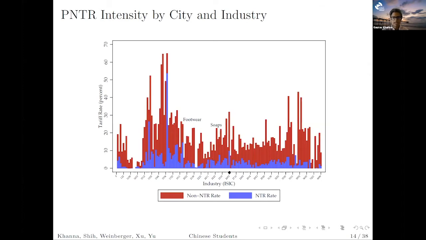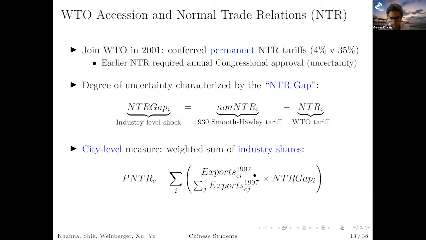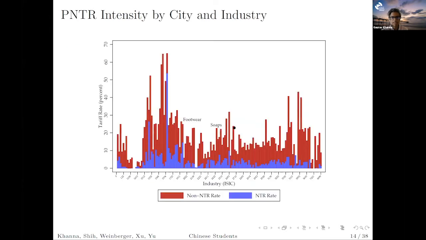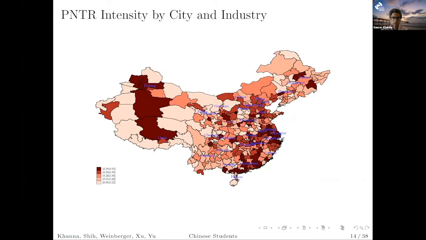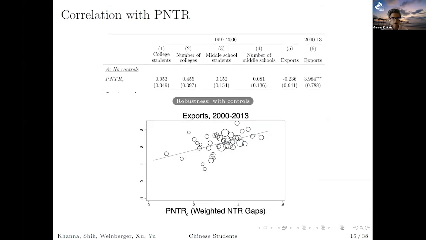So cities that at baseline were producing toiletries, soaps, detergents would have a much faster growth in production than cities that were, say, producing footwear, right? So that's the variation we're using. And so you can then create these weighted averages across different Chinese cities based on the product share at baseline, right? So that's the variation we're using over here.